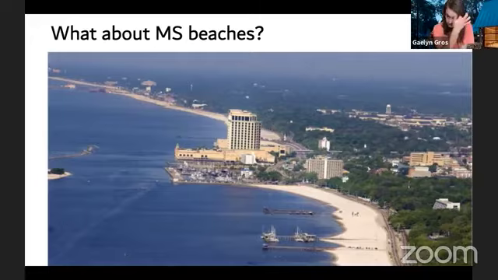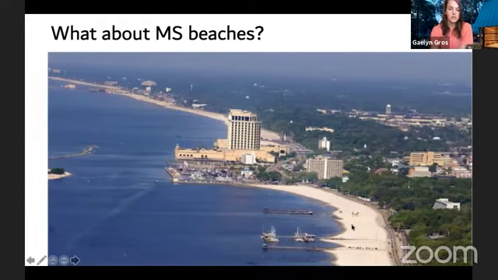So the Mississippi Gulf Coast has the largest man-made beach in the world. So it is man-made. This is not a naturally forming beach. And there's a couple of different ways you can tell just from looking at this image. You can tell from the way that the sand is eroding, and you can also tell from the distance from the road to the beach.